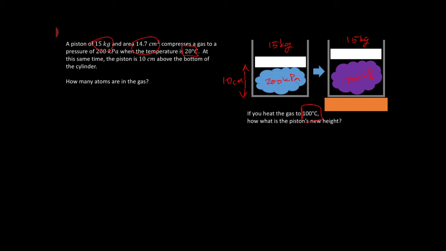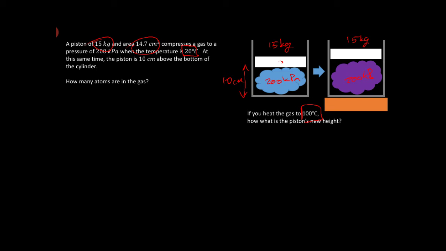Remember, we put the piston on when it was at 20 centimeters, and then we're letting it rise up again with the temperature, and we're going to see how high it rises through the temperature. In an isobaric process, that means same pressure setting.